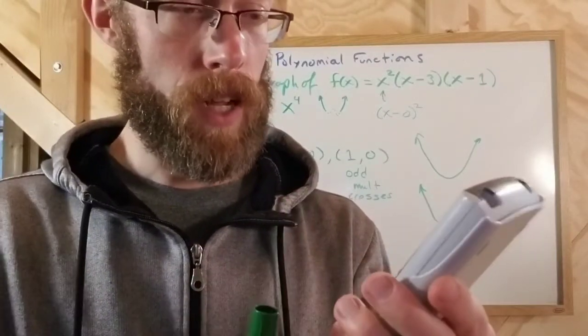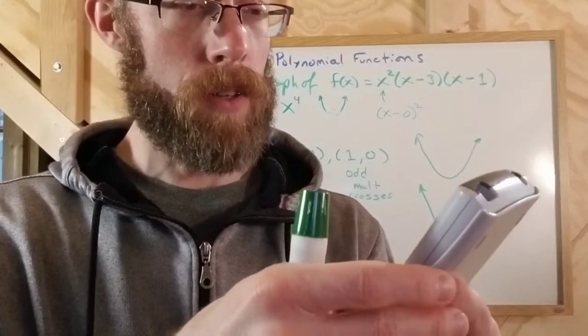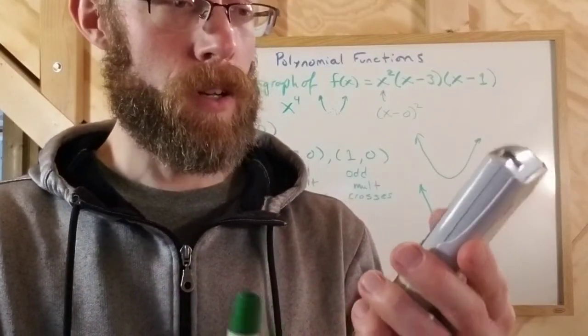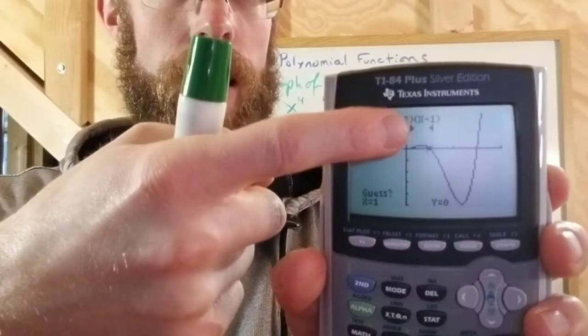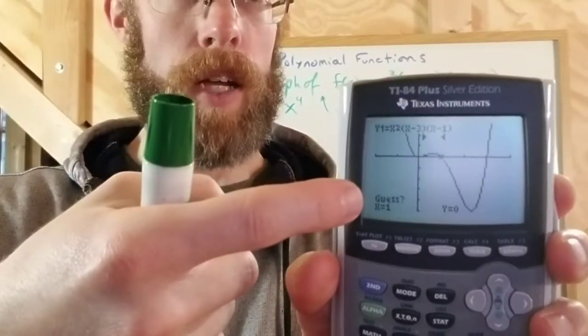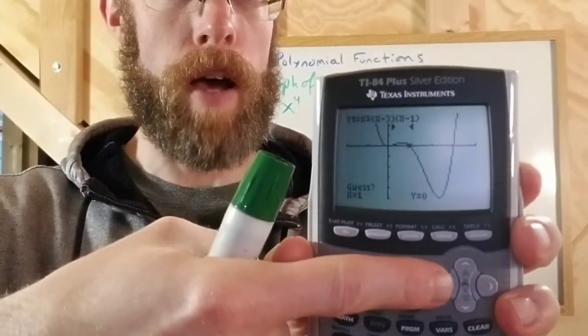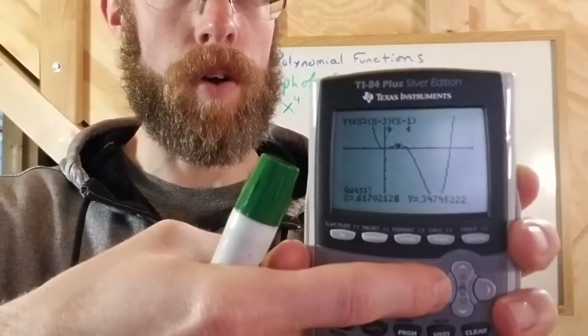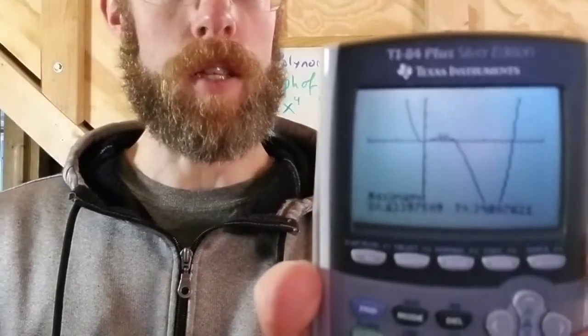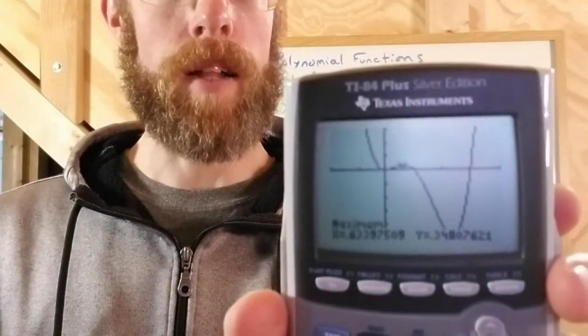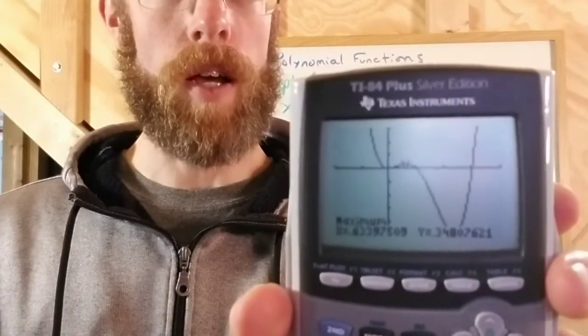Once on the left, hit enter. Once on the right, hit enter. Okay, and you can see my little arrows up here where I hit enter. Then it's asking me for a guess. So I just move that cursor back in between the arrows somewhere, hit enter, and you can see the maximum. It's not landing at a nice integer, that's okay.